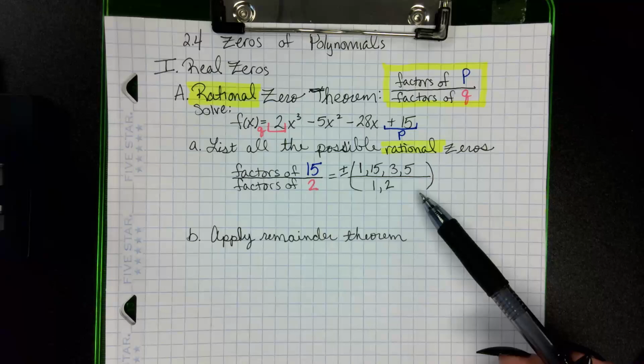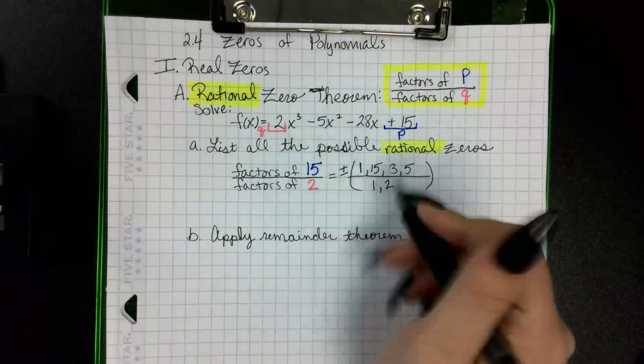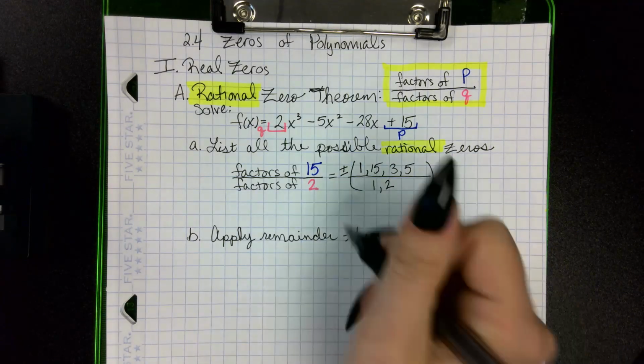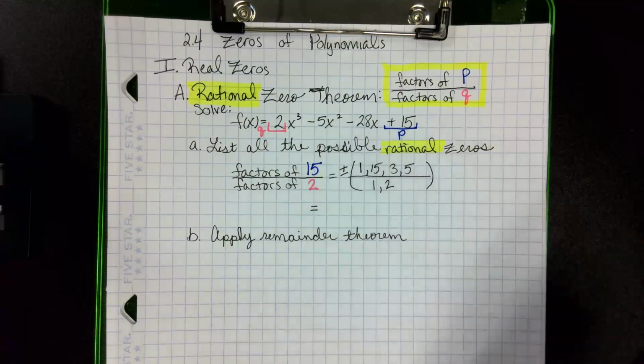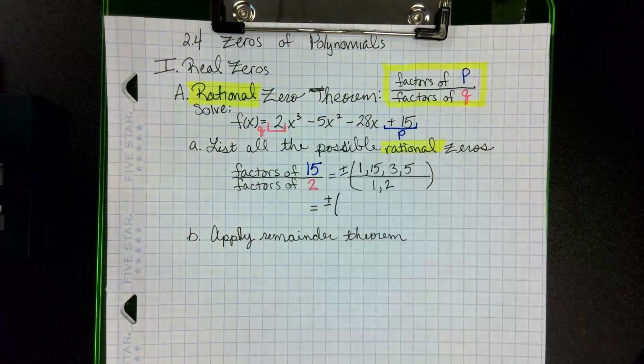So then the next step is we need to write them all out. Because right now I just have the factors over the factors, but then we're going to get the actual values. Again, I'm okay with plus or minus for this. I don't need you to list all of them as positives and all of them as negatives.